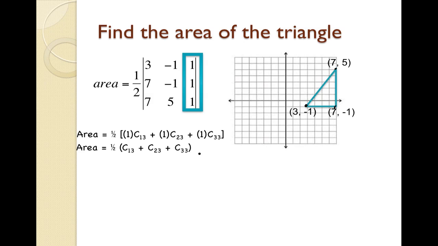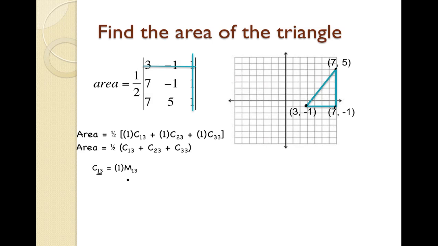Now we have to figure out what each of those cofactors are. Okay, so our cofactor of row 1, column 3 is going to equal 1, right? These add to an even number, so I multiply by 1 instead of -1, times the minor of row 1, column 3.